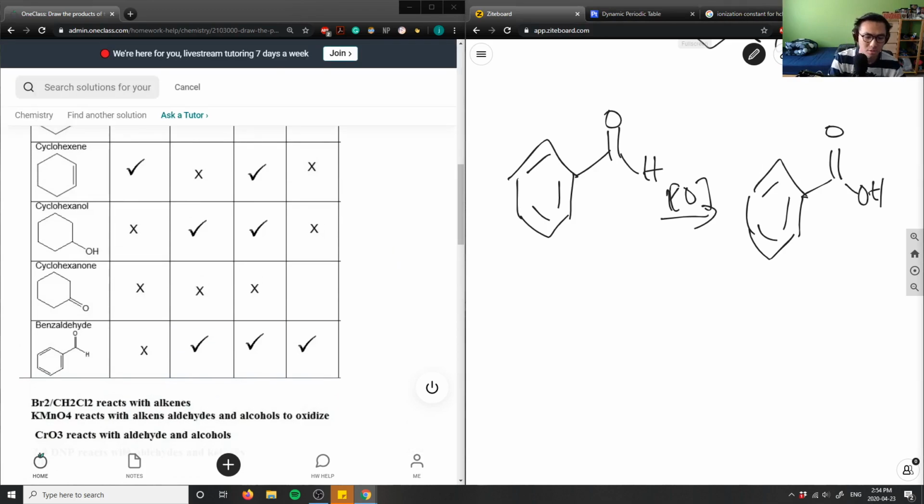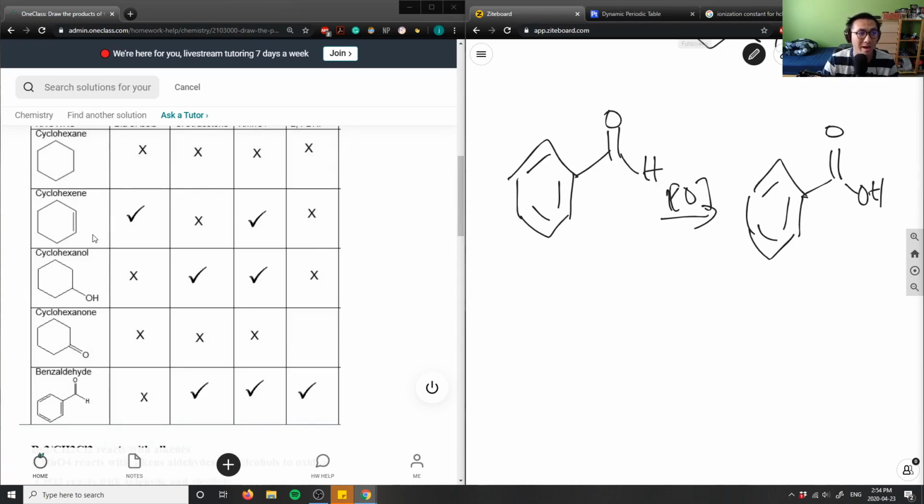Let me just double check that. I believe it can cleave the bond. Actually, you wouldn't cleave the bond, but it would add a diol group.